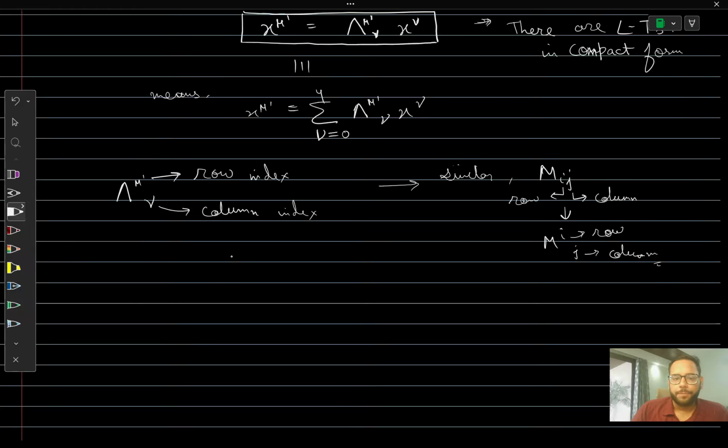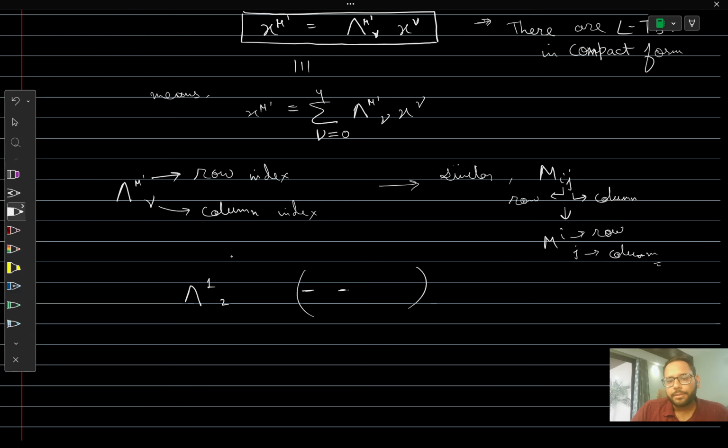So what is this? Suppose I have this 1 comma 2, so you read this as the 1 2 component. Where will it be? It is the first row and the second column.